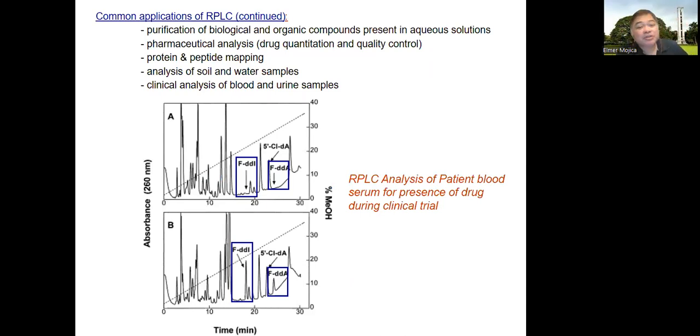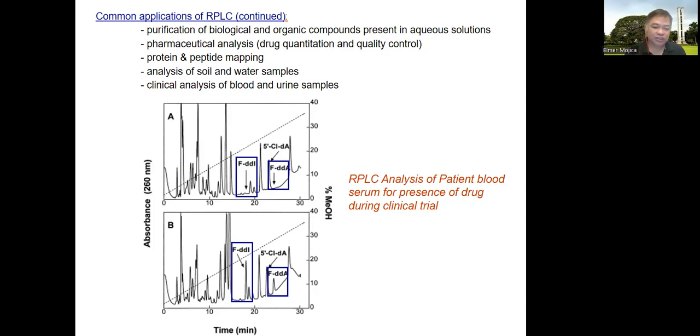Now, reverse phase, I think most of the papers that I read always have reverse phase liquid chromatography. The purification of biological and organic compounds present in aqueous solution, pharmaceutical analysis, protein and peptide mapping, analysis of soil and water samples, and clinical analysis of blood and urine.